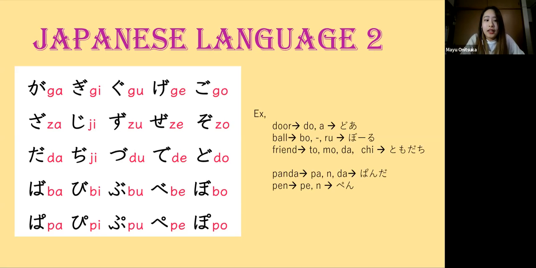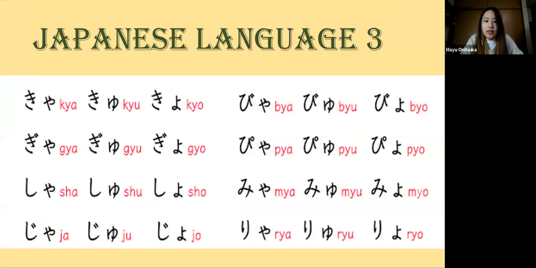It's called handakuon in Japanese. These have contracted sounds. If you use these sounds, you can add small characters to hiragana. And these sounds exist only in Japanese. So if you try to say kya, rya, it's hard for you, I think.